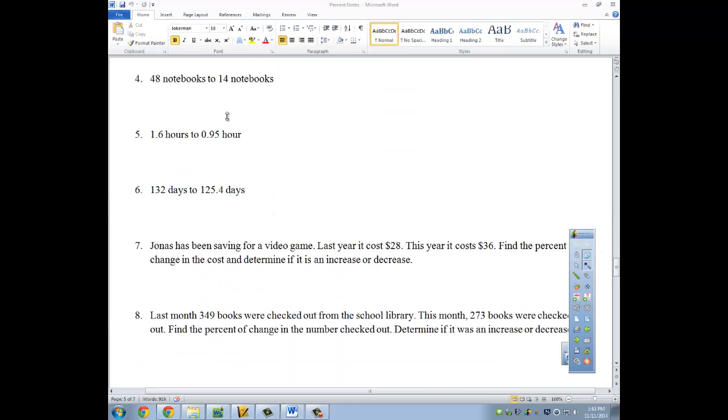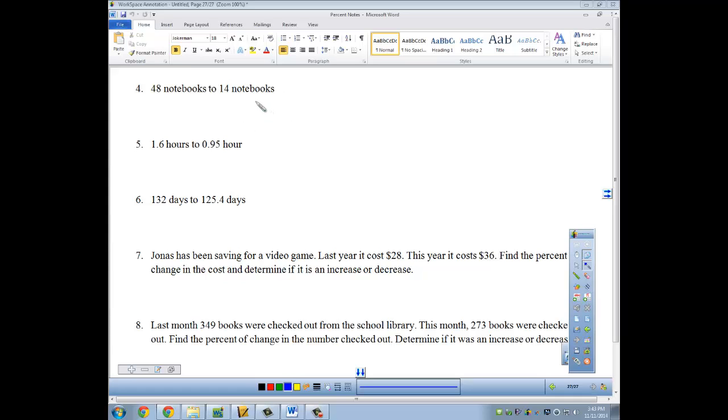Number 4 says 48 notebooks to 14 notebooks. So second number, 14, minus your first number, 48, divide by your first number, 48, then times 100. So 14 minus 48 equals what? Divided by 48 equals what? And then times 100.